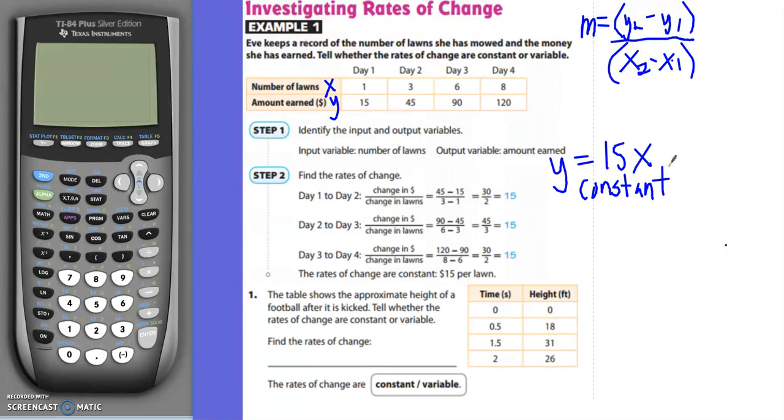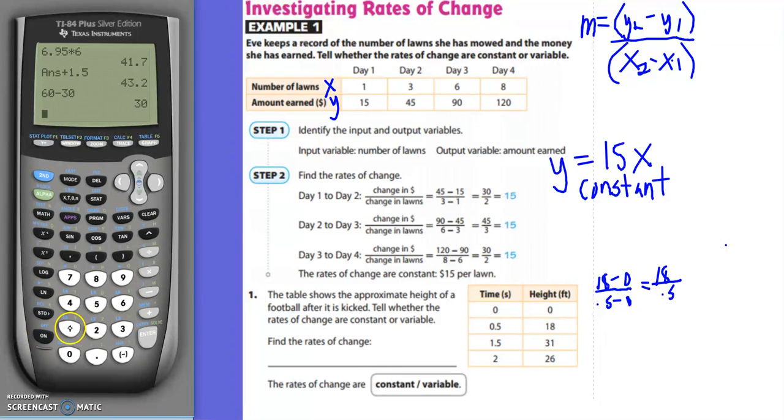Okay, number 1, the table shows the approximate height of a football after it's kicked. Tell whether the rates of change are constant or variable. All right, so if I said 18 minus 0 and 0.5 minus 0, I would get 18 over 0.5, which would be 36.